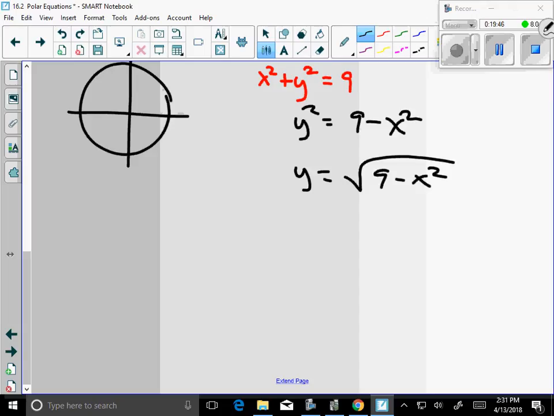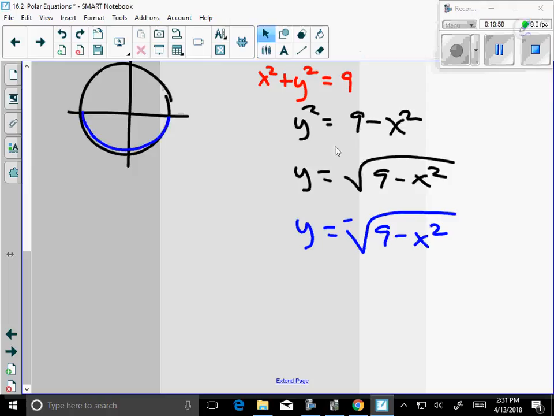The positive version and the negative version. Guess where they show up? There's one of them. And that one would show up right there. Woo! It's pretty cool.